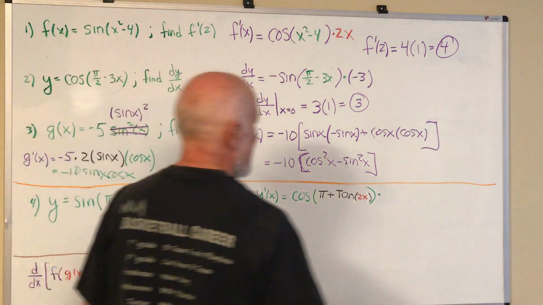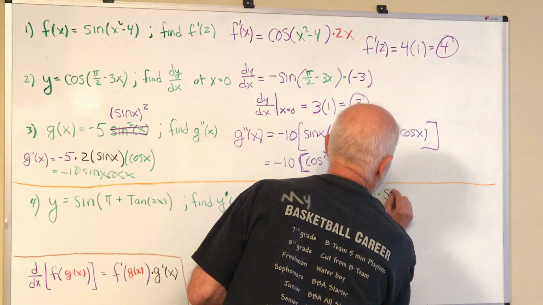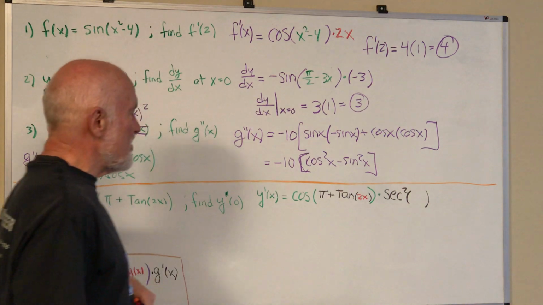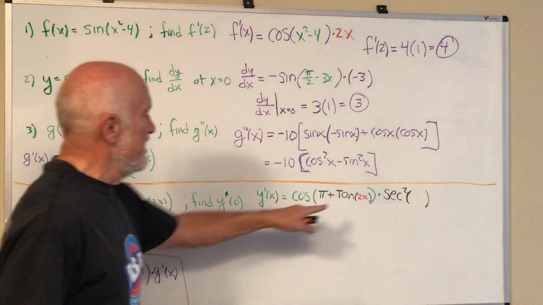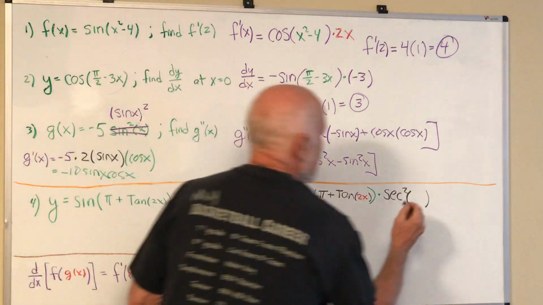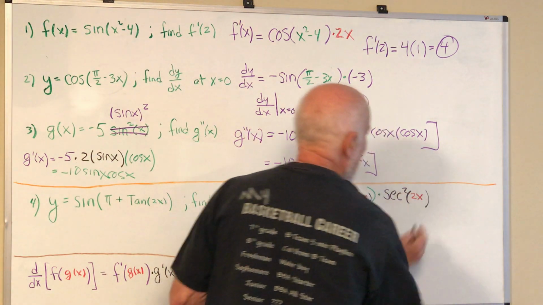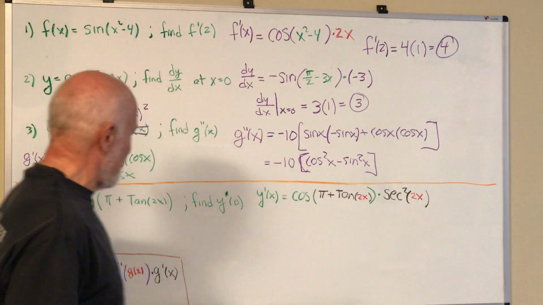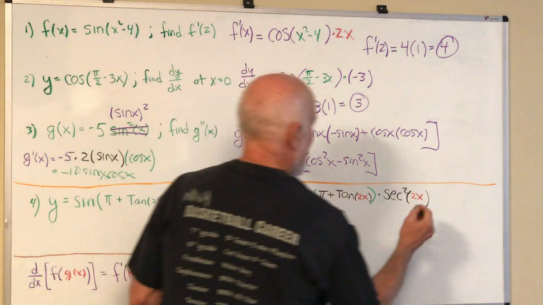And the derivative of the tangent is secant squared. But it's the secant squared of 2x. So I have to put in 2x, but then I have to multiply by the derivative of 2x, because we have to finish that, and you get 2.